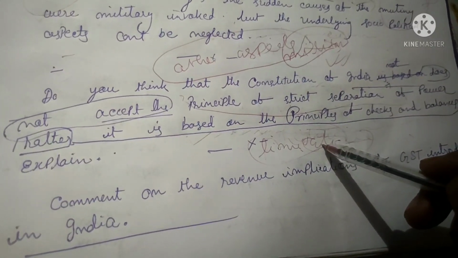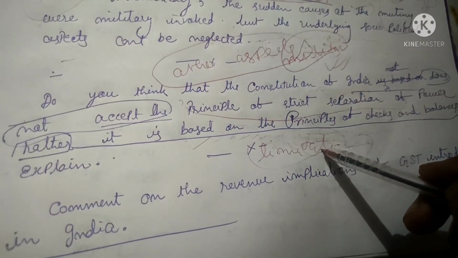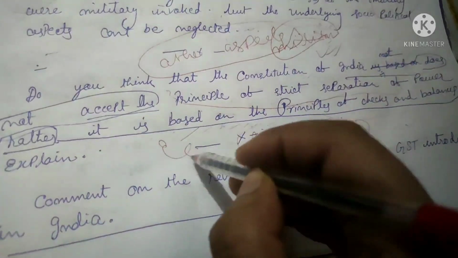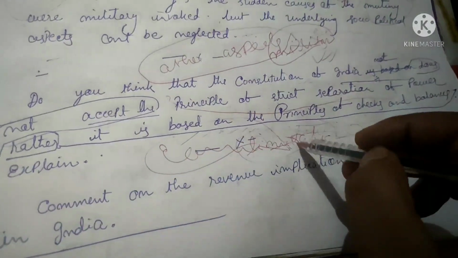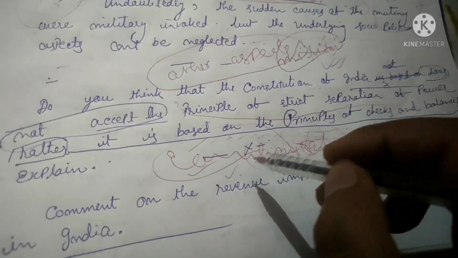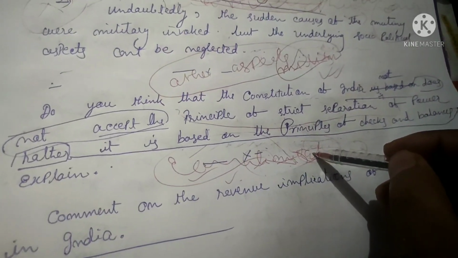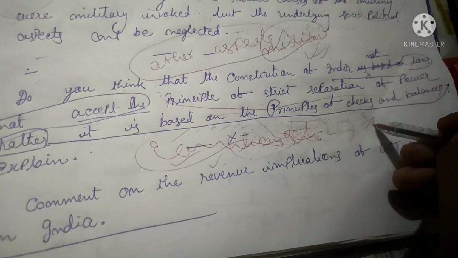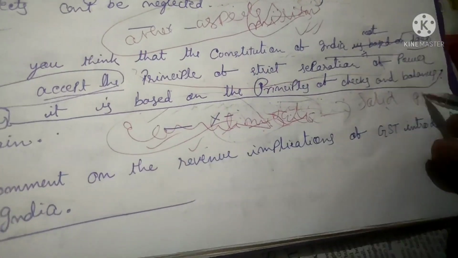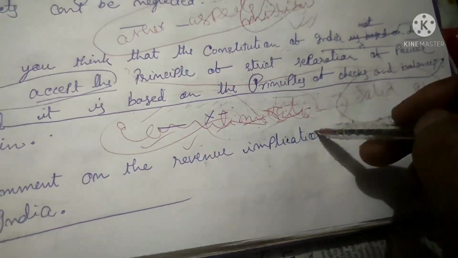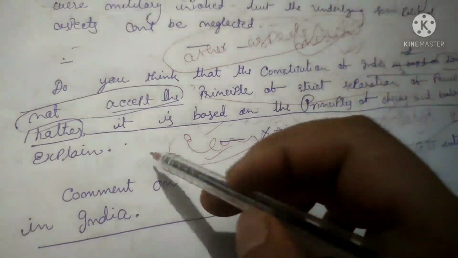But while doing this, you have to be very, very careful, because you are dealing with the constitution. Whatever reverse points you give have to be solid proof. You have to bring it with solid proof, not beating about the bush points, right?